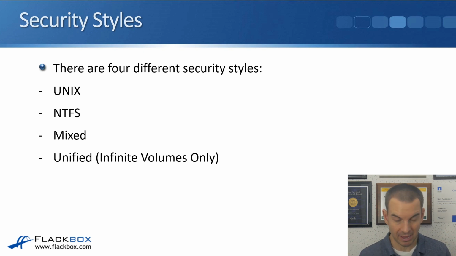The next security style that we can set is NTFS, and again, that's not just for Windows clients. Unix-based clients like Linux can also access volumes which are set to the NTFS security style if we allow that in the multi-protocol settings. Next one is Mixed, and the last one is Unified.